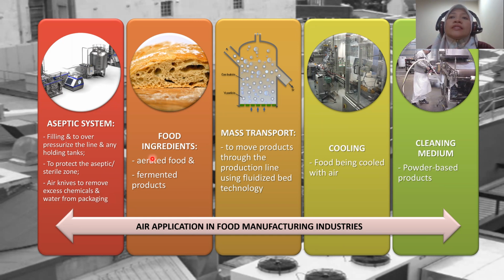In some food productions, air is also used as a food ingredient, as the products are aerated and fermented. Examples of aerated food products are bread and chocolate. Nowadays we do have aerated chocolate.